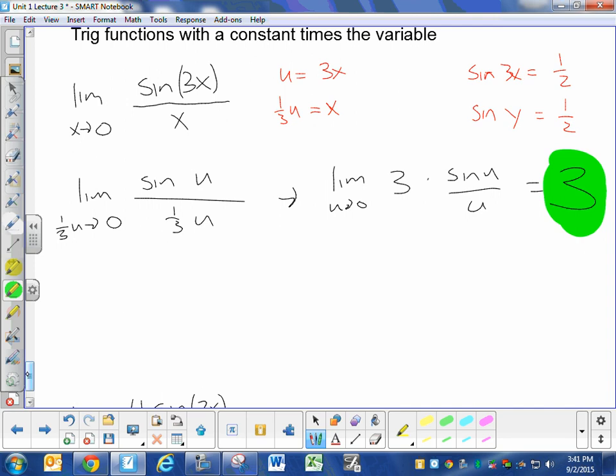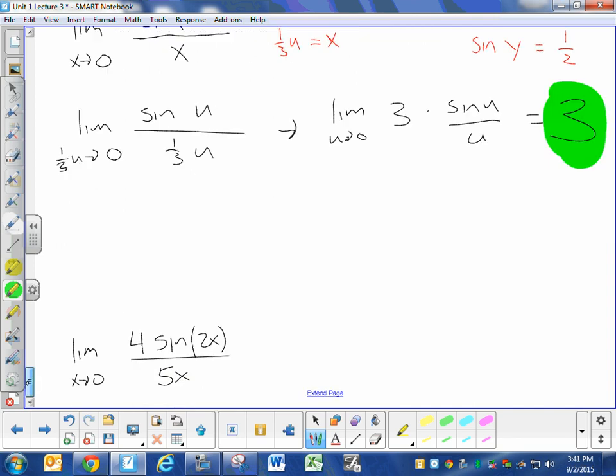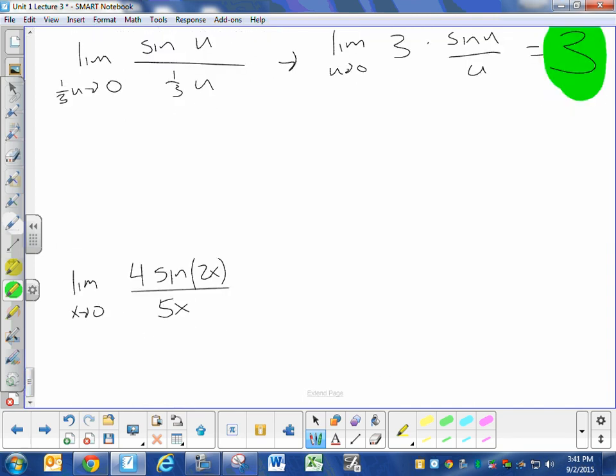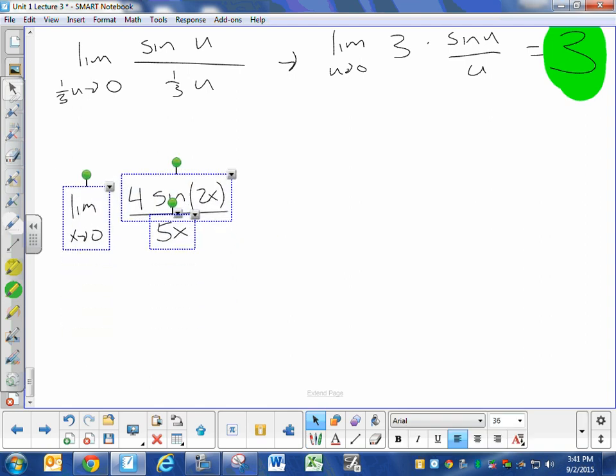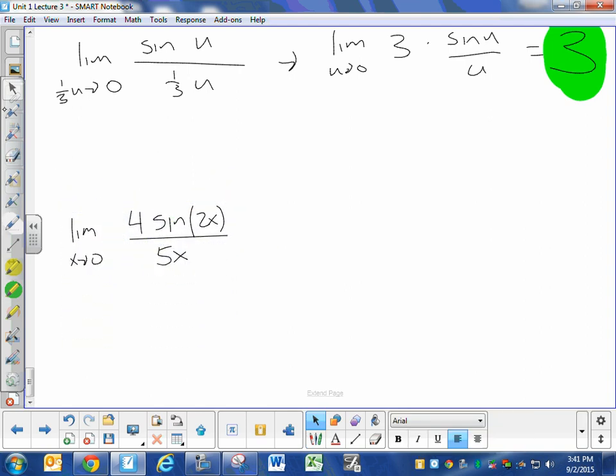I'm going to show you a different one. Looks a little more complicated. You get the limit as x approaches 0 of 4 sine of 2x over 5x. Here we go. I'm going to say, all right, replace 2x with u, which means replace x with 1/2 u. This becomes the limit as u approaches 0.